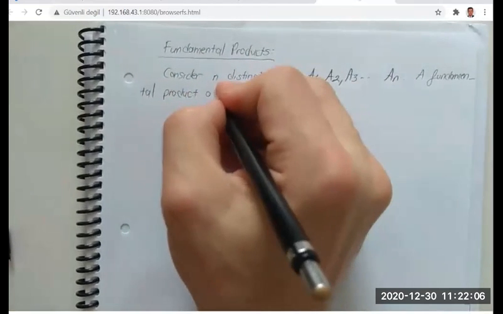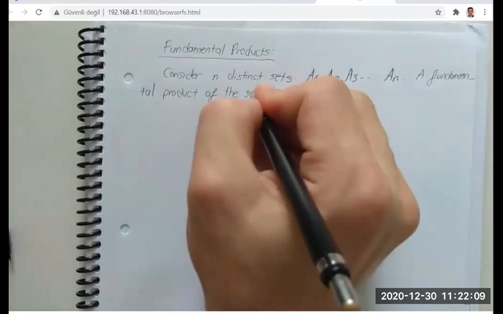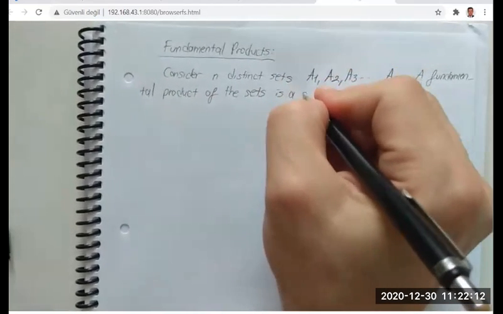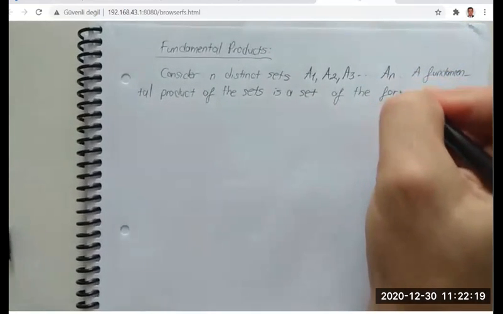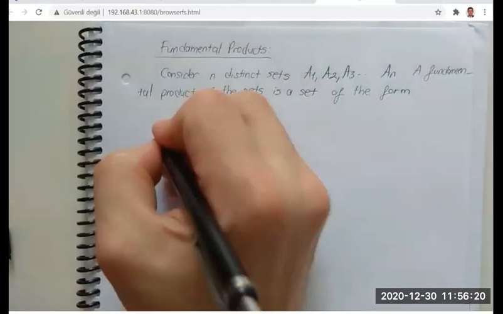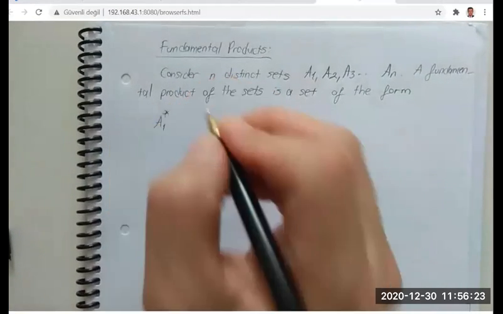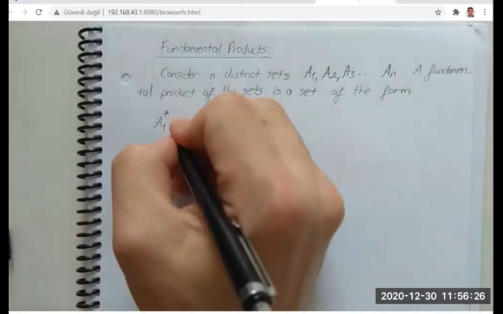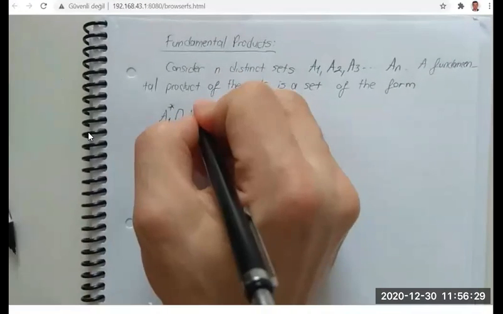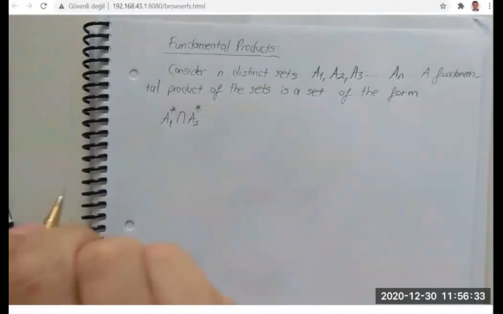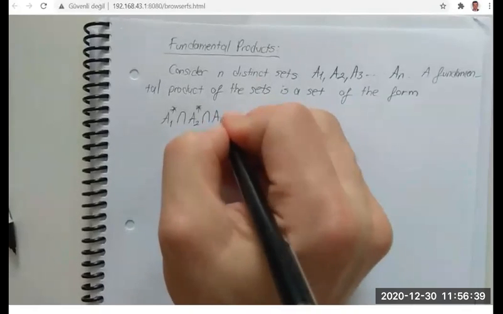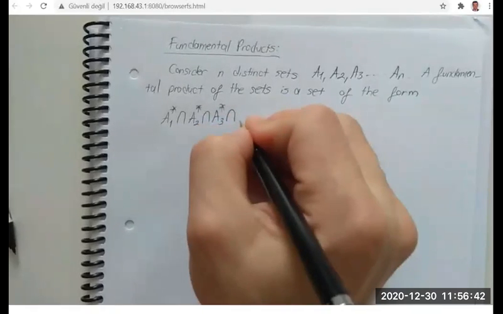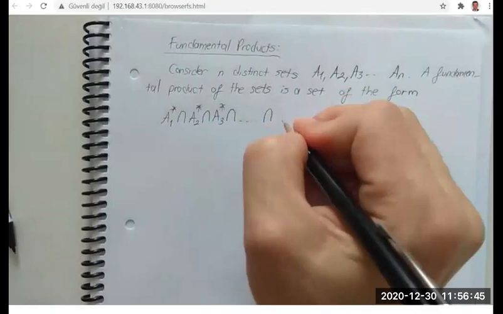of the sets is a set of the form A1 star intersect A2 star intersect A3 star and so on to An star.